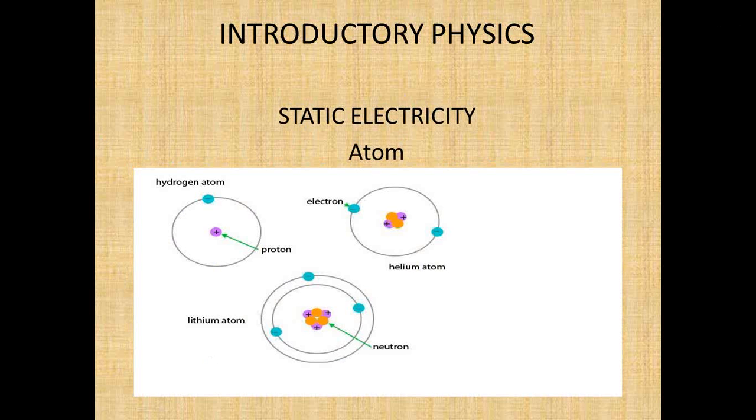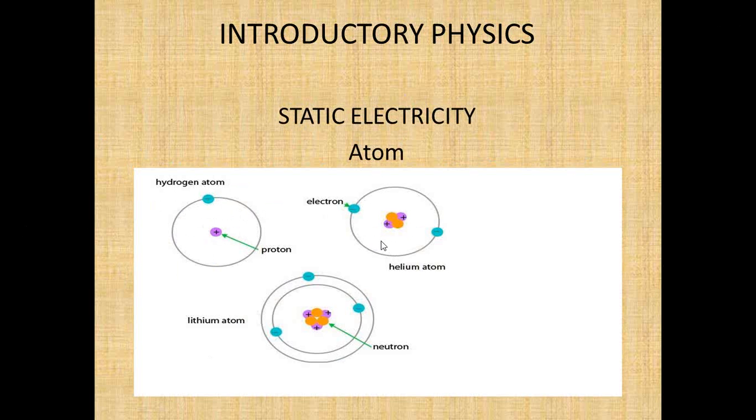If you were to look at them spatially, it would look something like that. Remember the nucleus, which contains the protons and the neutrons. The hydrogen has 1 proton in the nucleus and 1 electron. Remember, the electrons are in the electron shells, which rotate around the nucleus. And then your helium has 2 protons and 2 electrons.